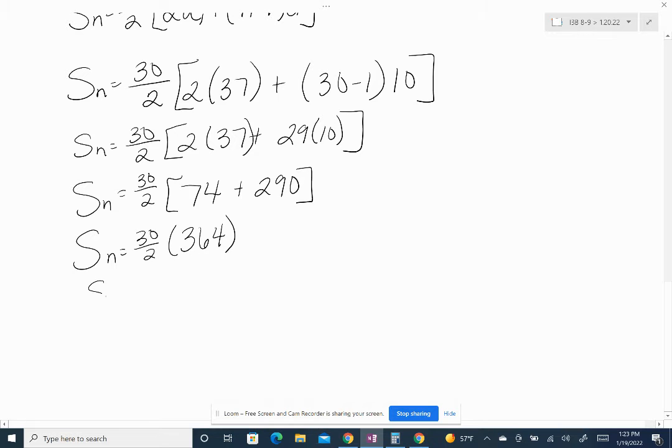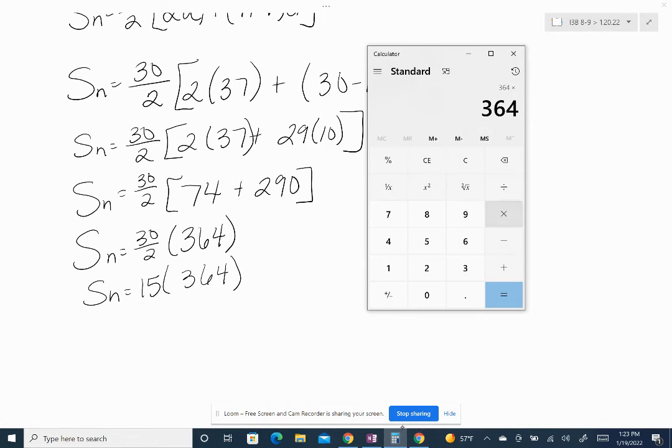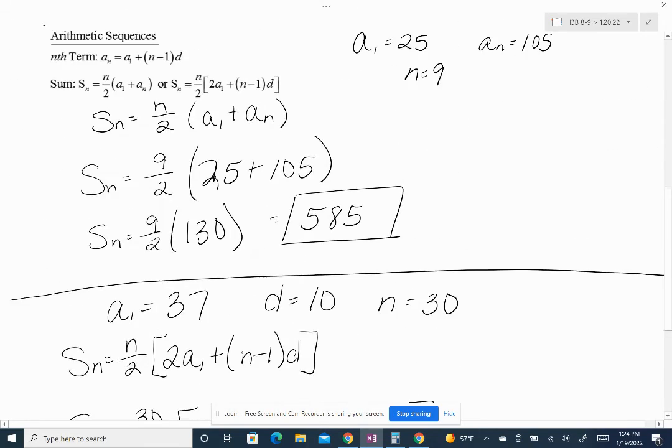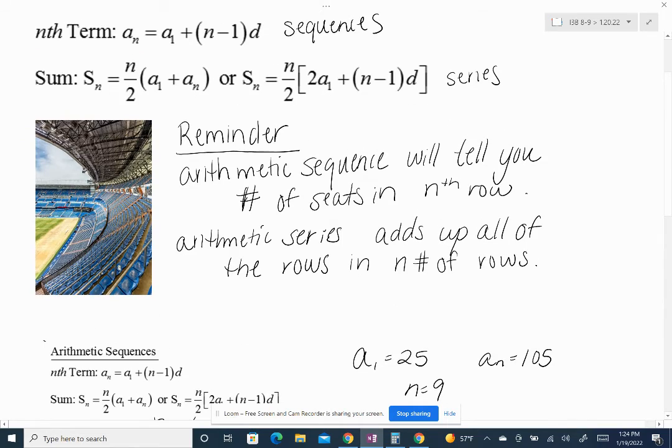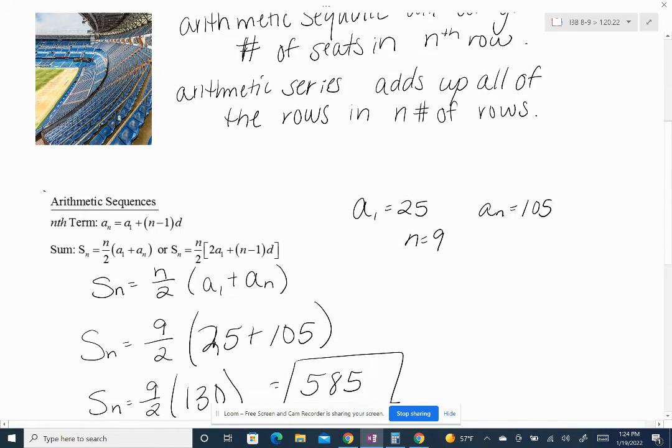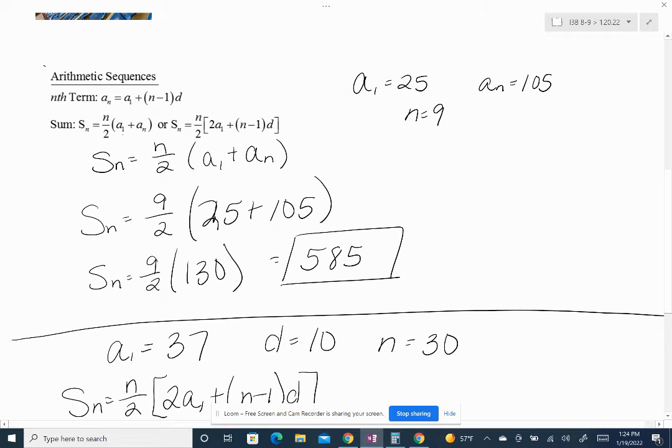And then 30 divided by 2 is 15. 364 times 15 gives us 5,460. And that would be your final answer. So it really depends on what information you're given, and that's what determines which formula you're going to use.